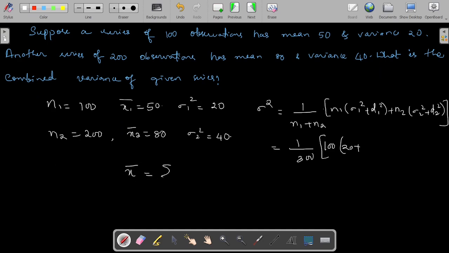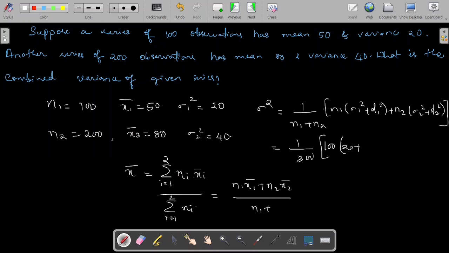X bar equals summation i equal to 1 to 2, here only two values you have to take, ni into xi bar, whole divided by summation i equal to 1 to 2 of ni. So here you have to find n1 x1 bar plus n2 x2 bar, whole divided by n1 plus n2.